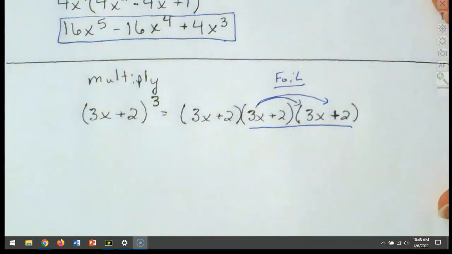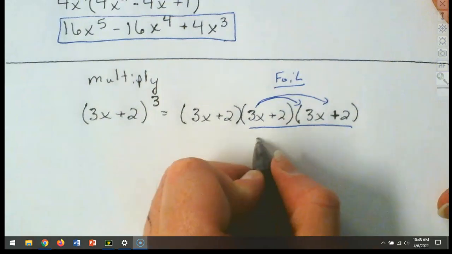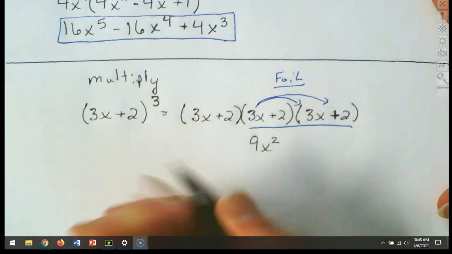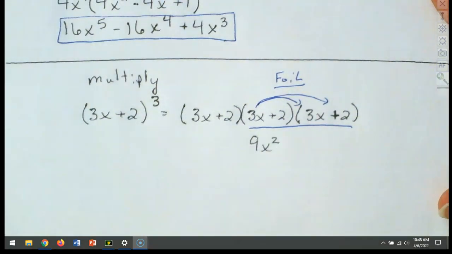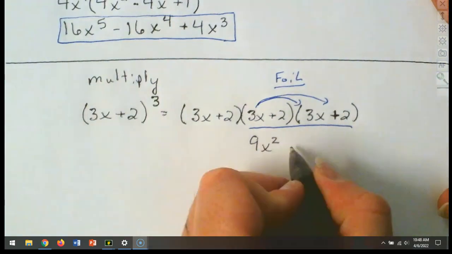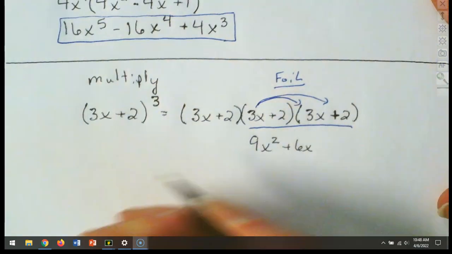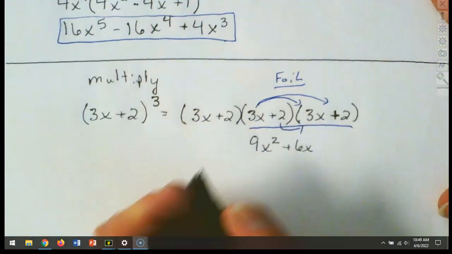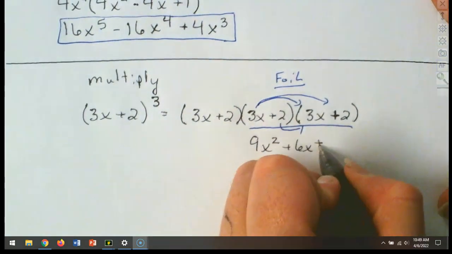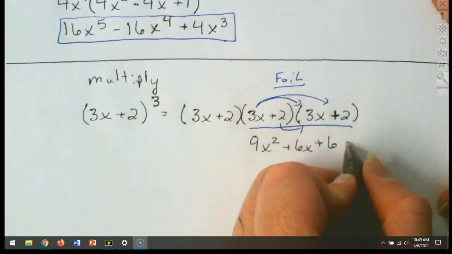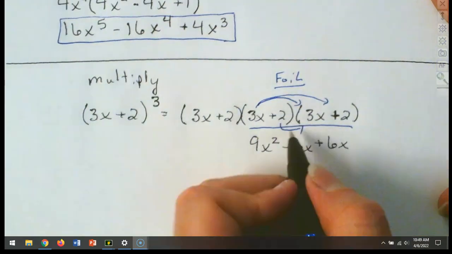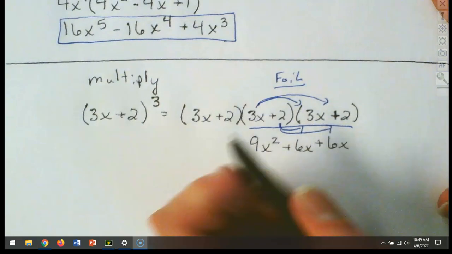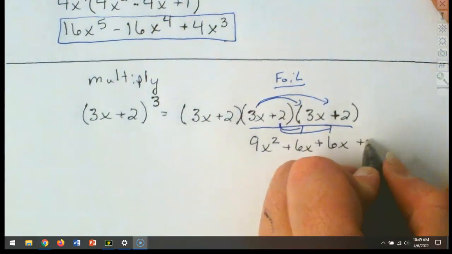So we got 3x times 3x, that makes it a 9x squared. And then we've got a 3x times 2, that makes it a 6x. And then we've got the inside and the inside. That's another 3 times 2, which is another 6x. And then we've got the last times the last, which is a 4.